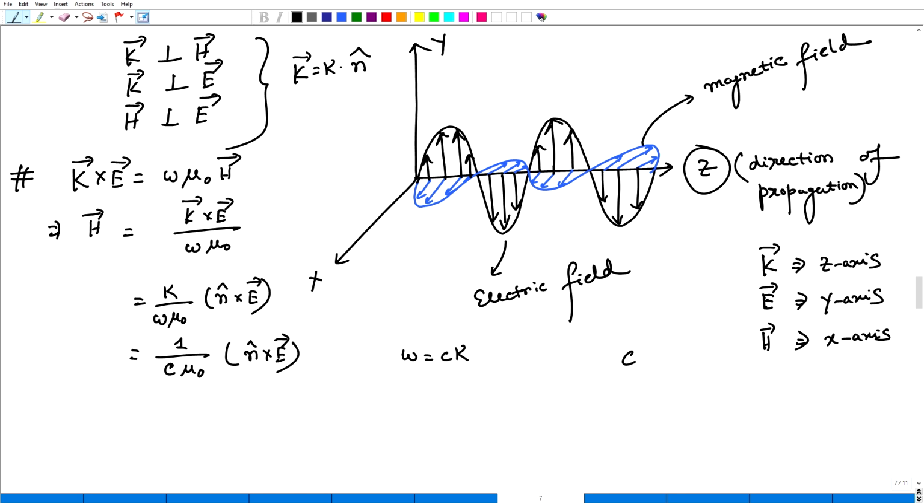Again c is 1 by root over mu naught epsilon naught.